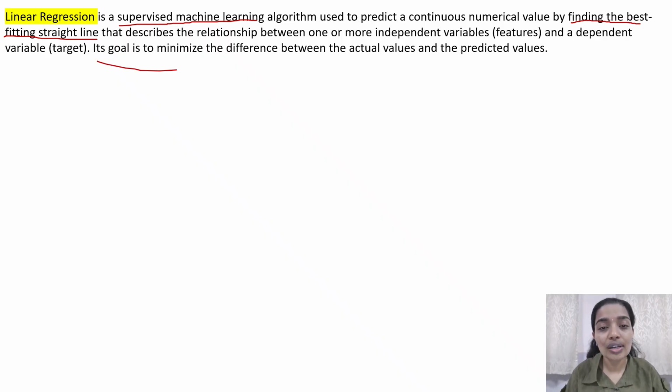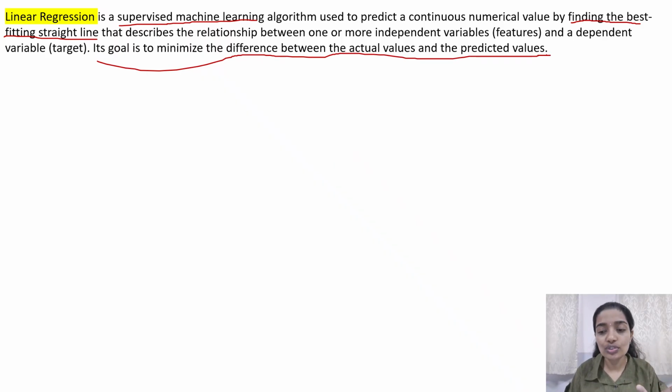We are going to learn about them shortly, but this is how linear regression works, and the goal is to minimize the difference between the actual values and the predicted values. We will have some already given data points, and we are going to predict something. Our aim is that the difference between the actual values and the predicted values should be minimum. It should not be maximum. SVM is focused on classification, which is why we want a margin that clearly differentiates different classes.